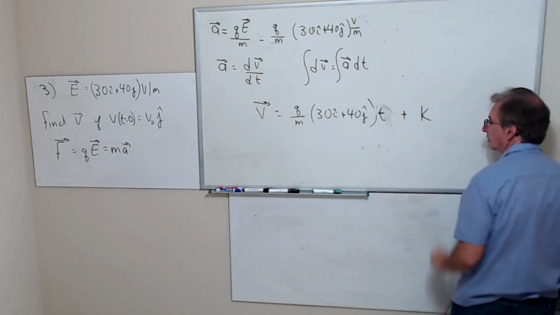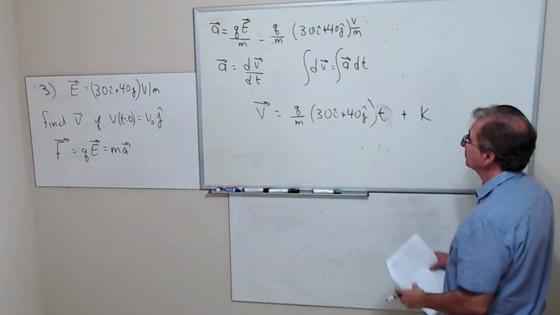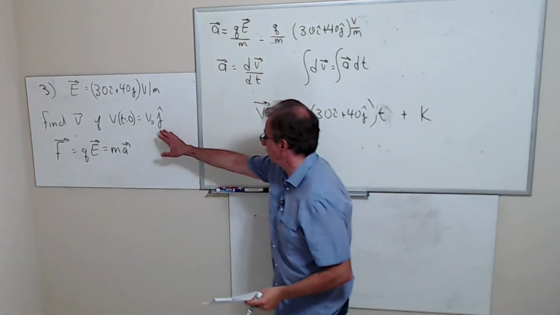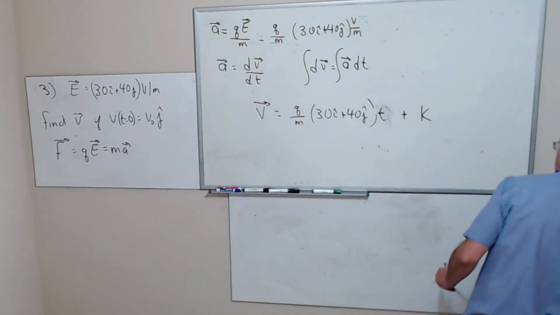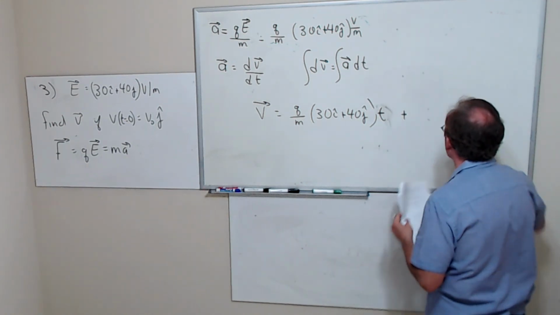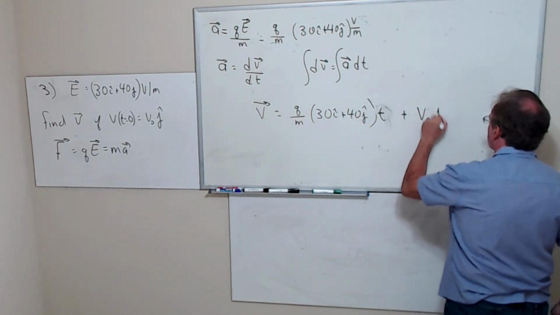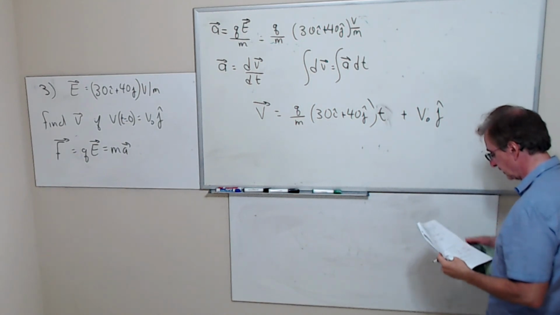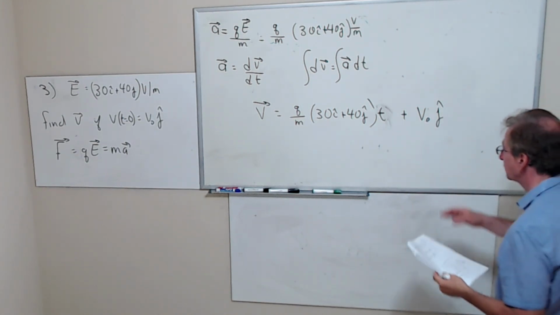And there's a constant. What's the constant going to be? Well, it's going to be my initial velocity. It's going to be this. Really, that's it. If you want to rearrange it, you could.